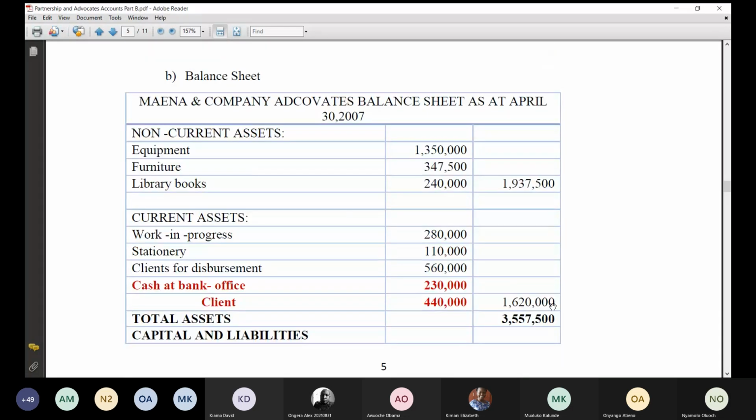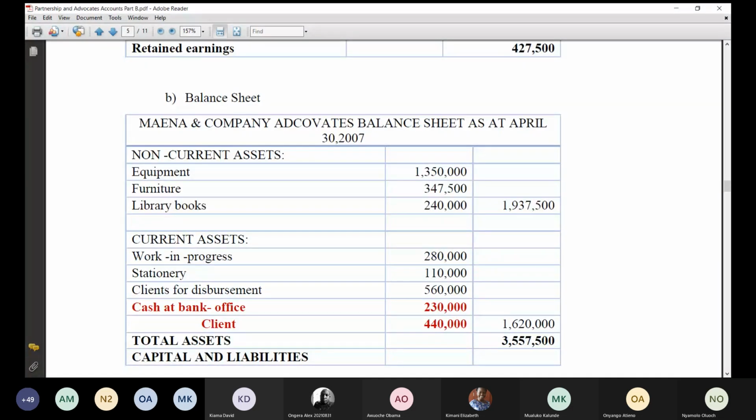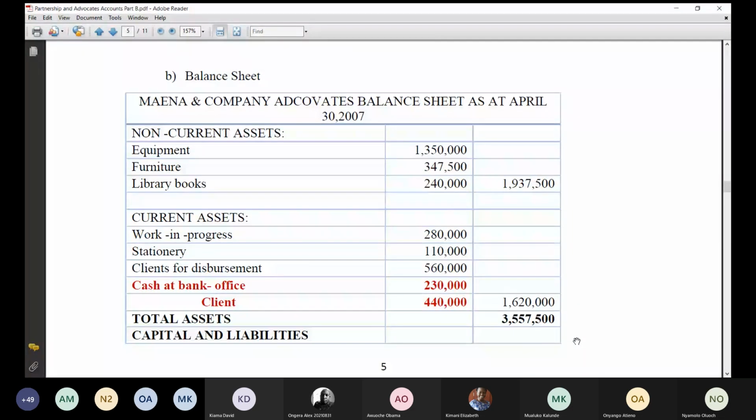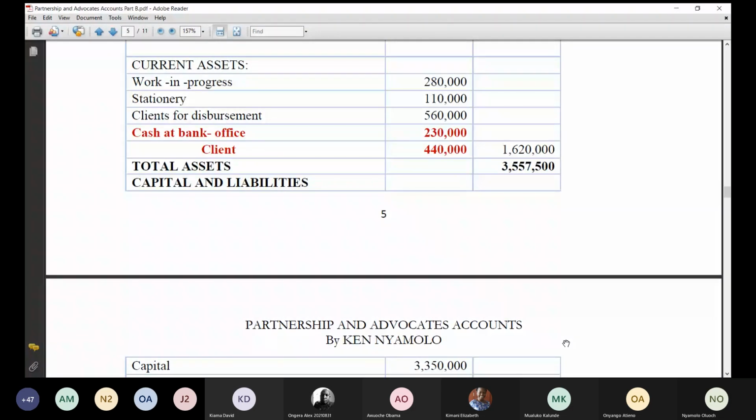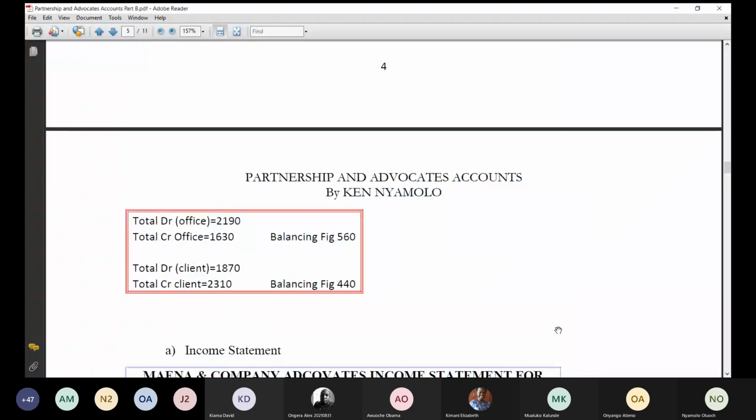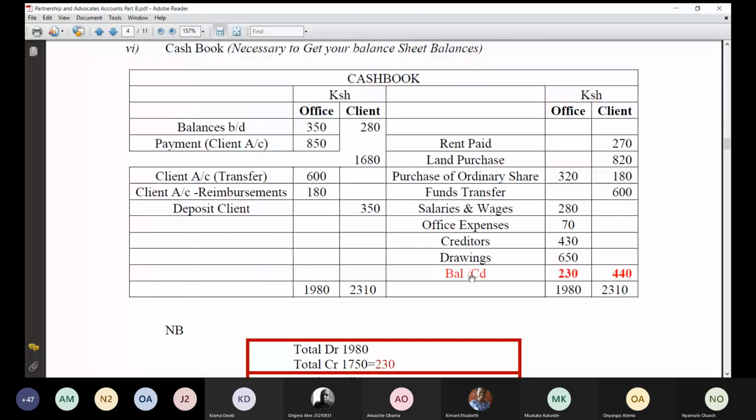So now, if you don't post the correct figures in those accounts, then the only thing that you will miss is this mark for 560, which could be half. This other one, the 230, half. This other one also maybe a half. And these are half. So those are 2 marks. So the bulk of the marks will be here in the cash book.